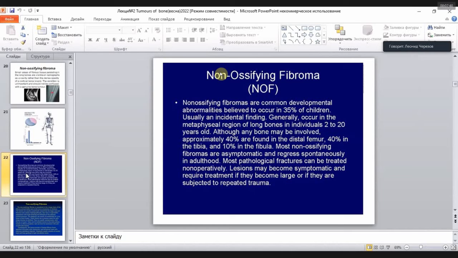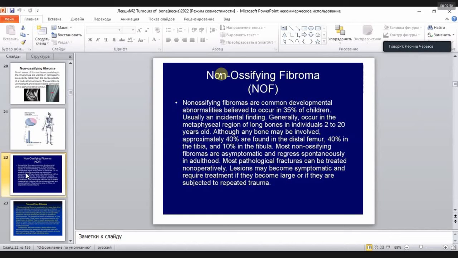Although any bone may be involved, approximately 40% are found in the distal femur, 40% in the tibia, and 10% in the fibula.